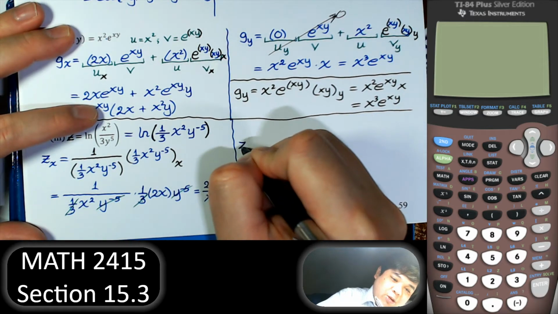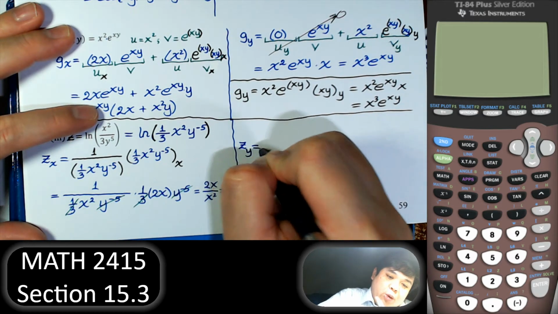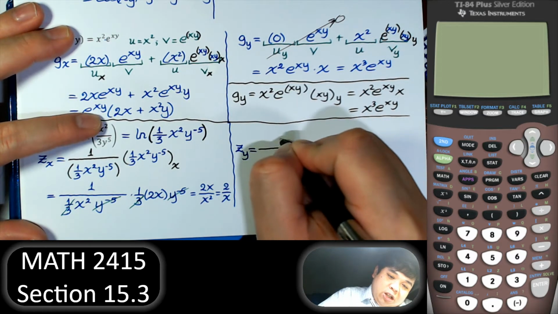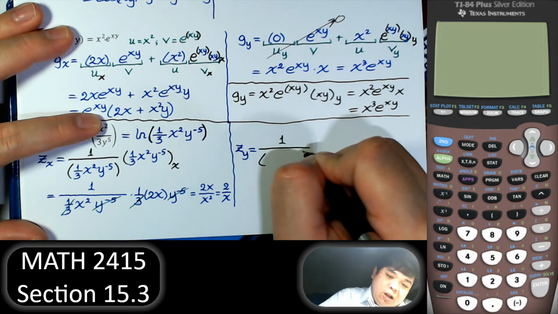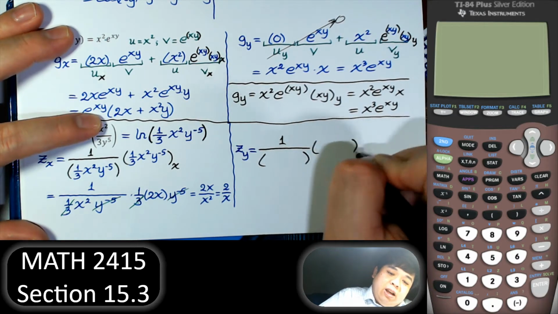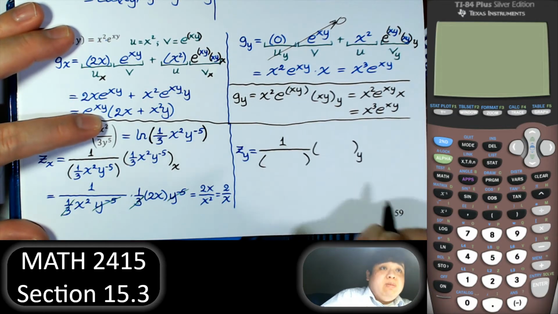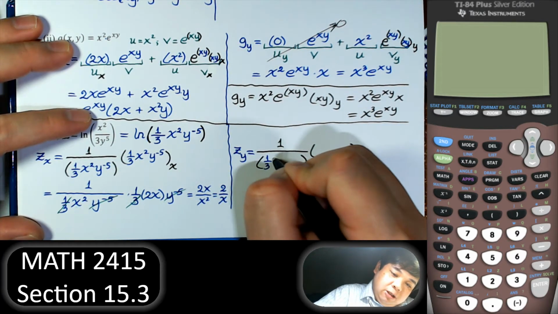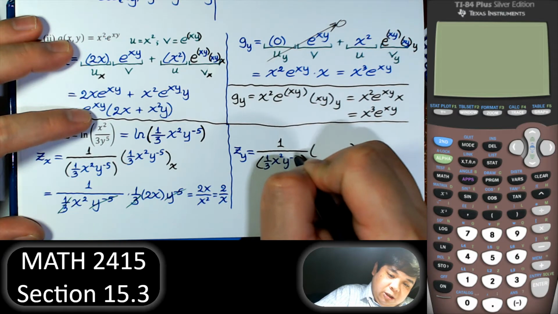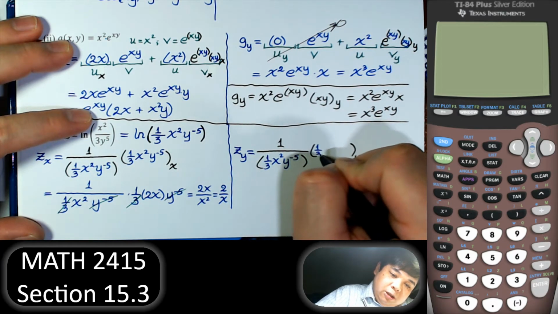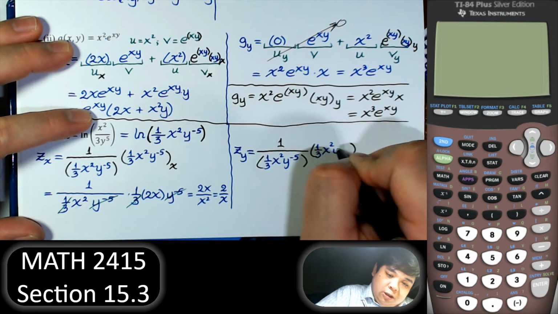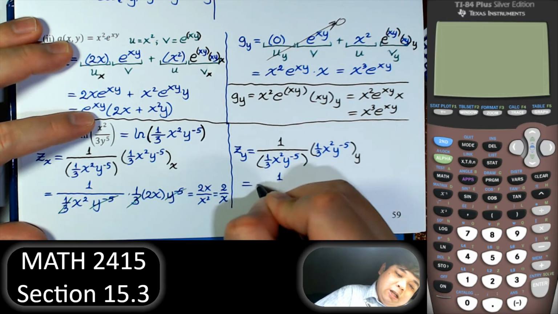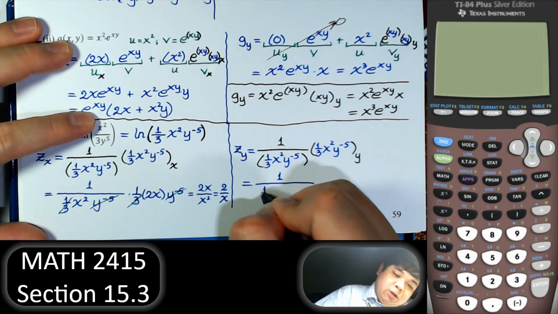Now let's take the derivative with respect to y. We'll do the same thing. Derivative of ln is the reciprocal function, 1 over something, and derivative of that thing with respect to y. Doesn't matter what's inside of the parentheses. There's no derivative here, so I'm just going to write it.